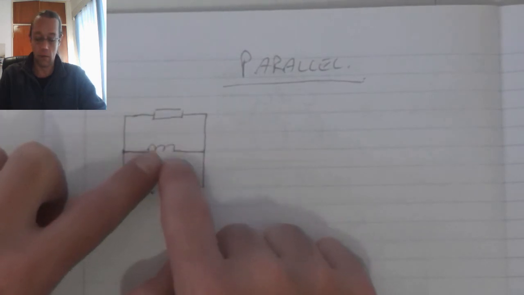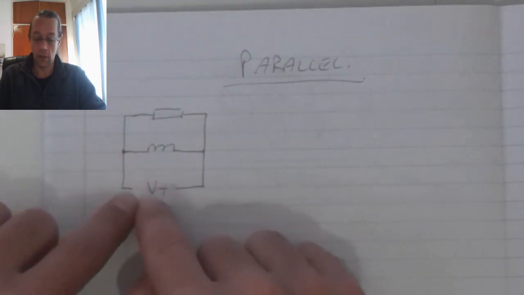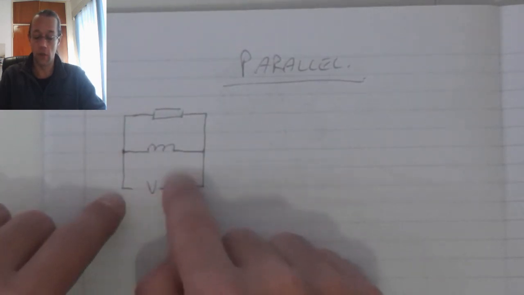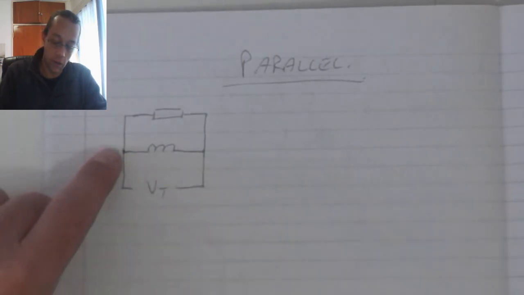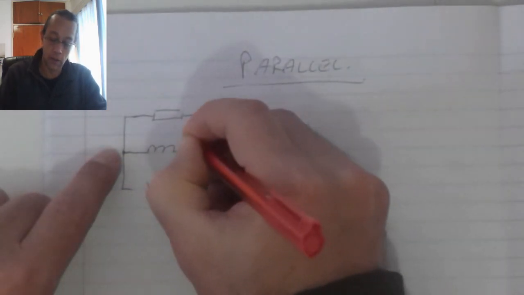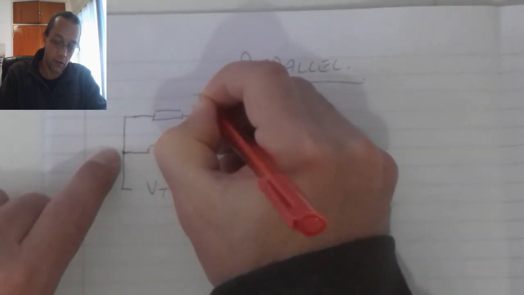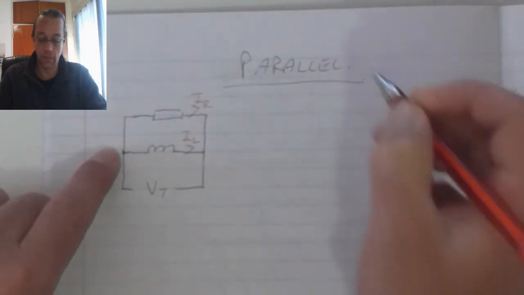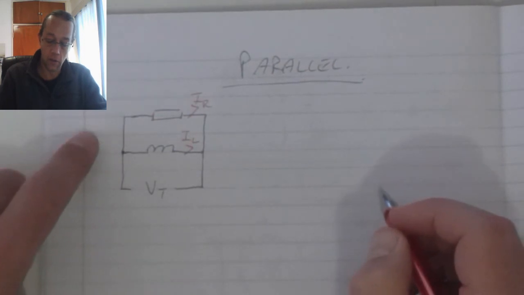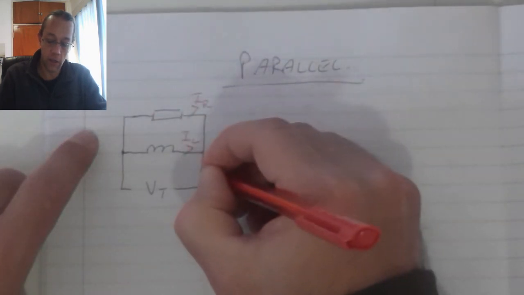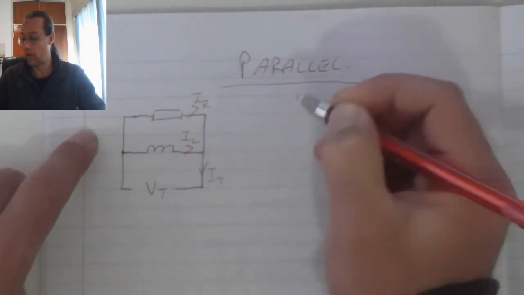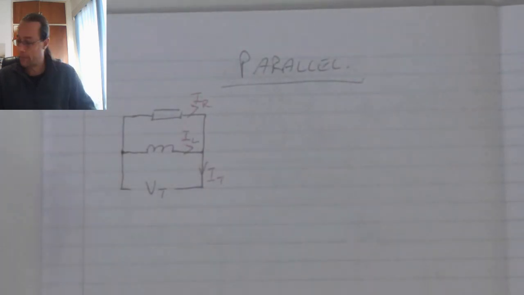Kirchhoff's parallel voltage law. We also know that the current delivered by the supply is going to separate into the current through the inductor and the current flow through the resistor. These two will combine to give me a total current value.